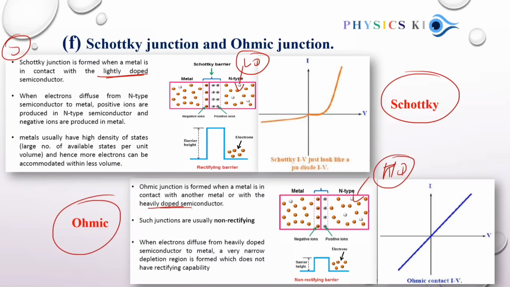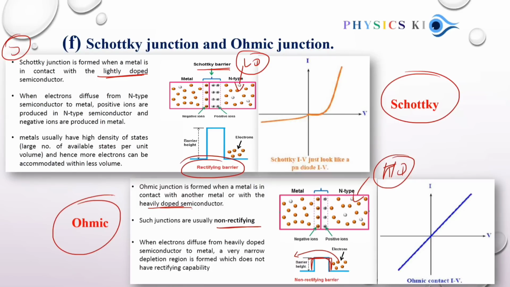Simple. This junction is a rectifying junction, why? Because the barrier width is very high, and here it is a non-rectifying junction because the barrier width is very low. So electrons can easily go in this direction also.